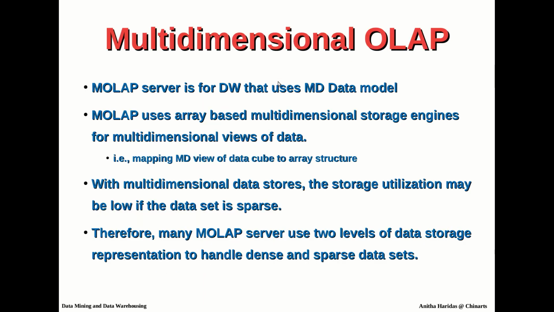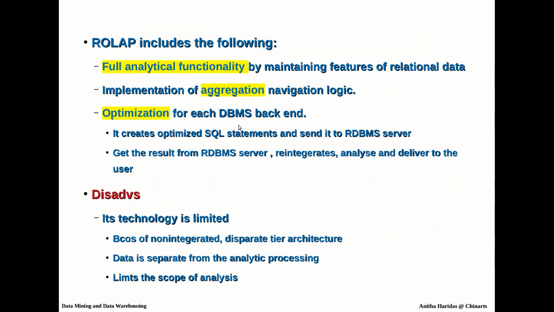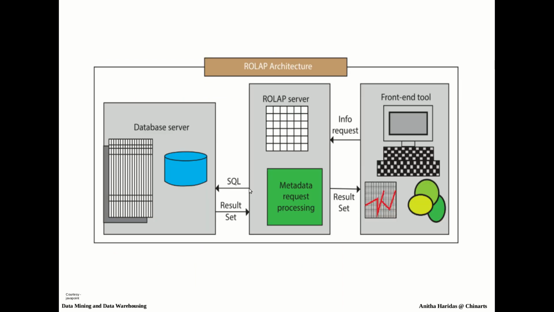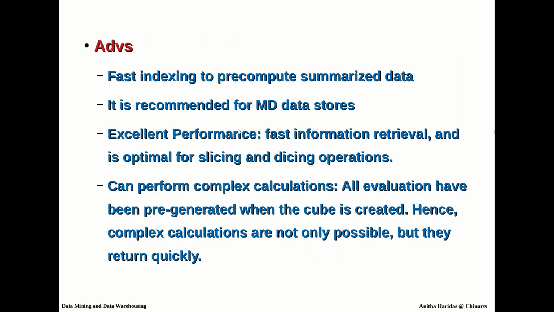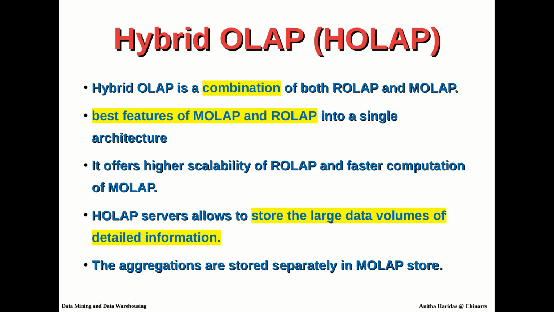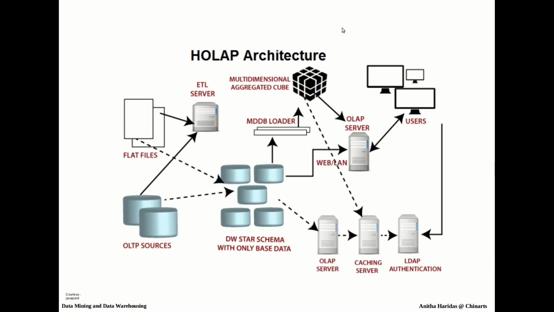Whereas here, every time aggregation has to be created, but you will have detailed data in the database server. So we combine both ROLAP and MOLAP. HOLAP allows you to store large data volumes of detailed information, and aggregation will also be stored separately in the MOLAP store.